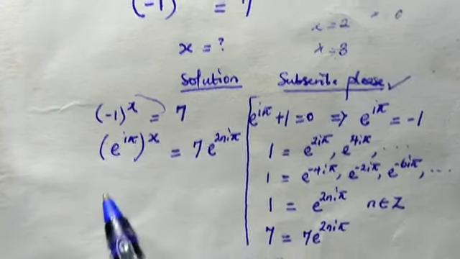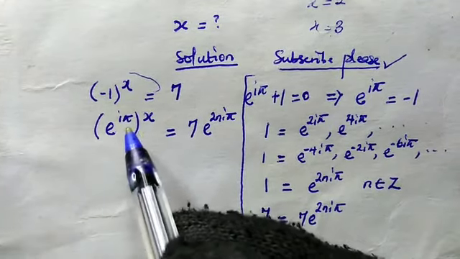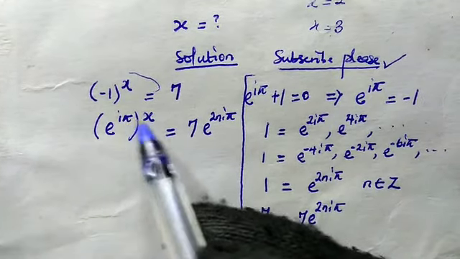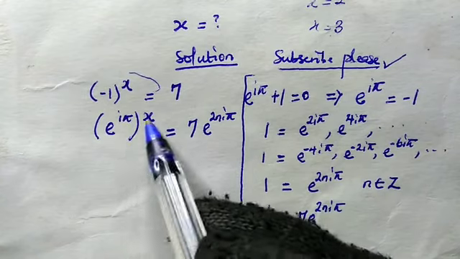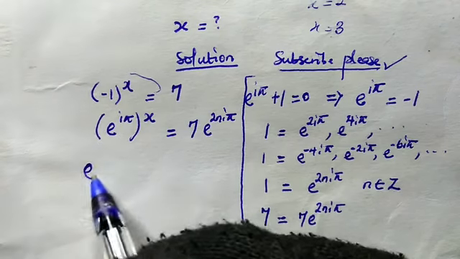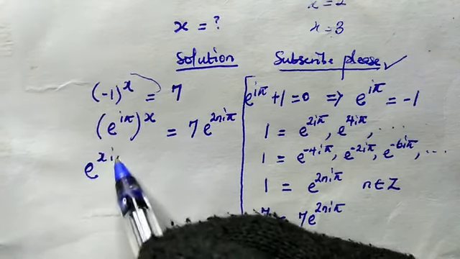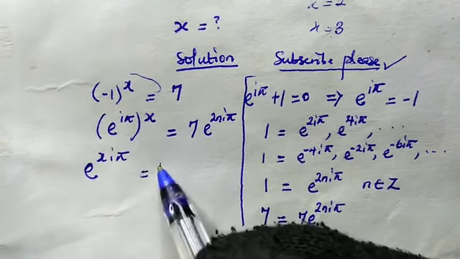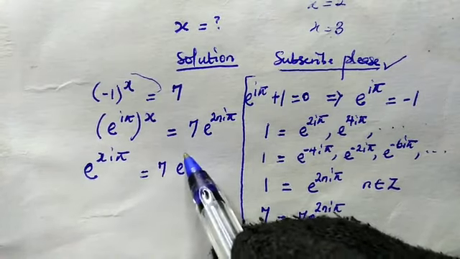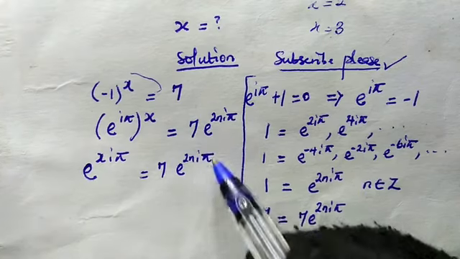Now from here, according to the law of indices, we are going to multiply these powers together. So here we have e to the power of x i pi. This is equal to 7 times e to the power of 2n i pi.